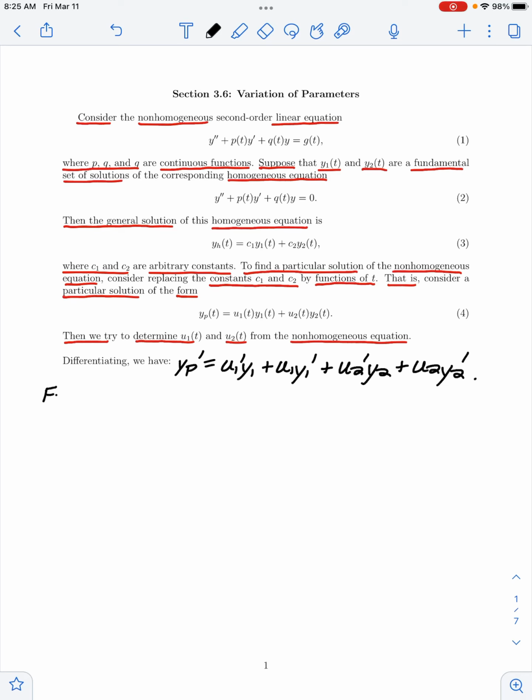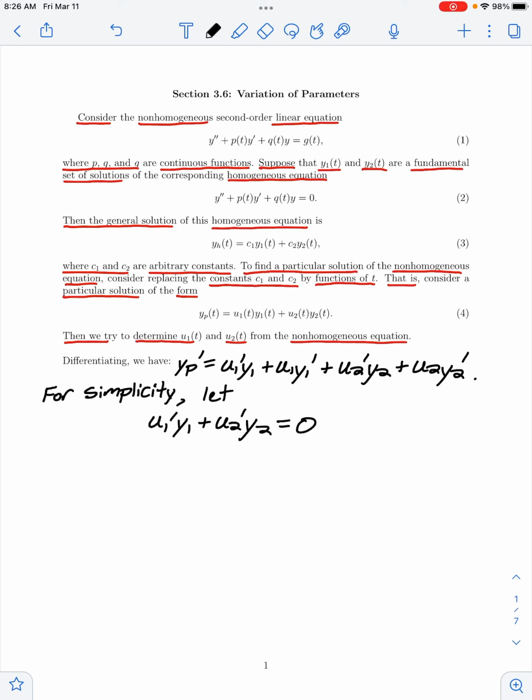So let me say here for simplicity, let us force the sum of the terms involving the derivatives of u1 and u2, that is u1 prime y1 plus u2 prime y2, let us force the sum of those terms to be 0.